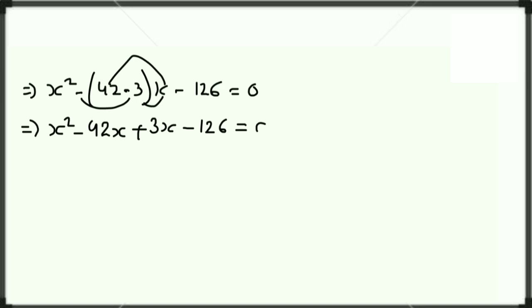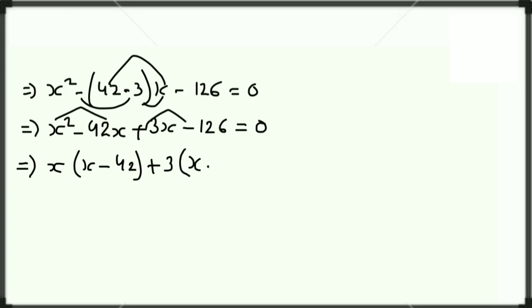Again, in this pair x is common and here remains x minus 42, plus, and here 3 is common and here remains x plus into minus, and 3 divides 126 by 42 times, equal to 0.